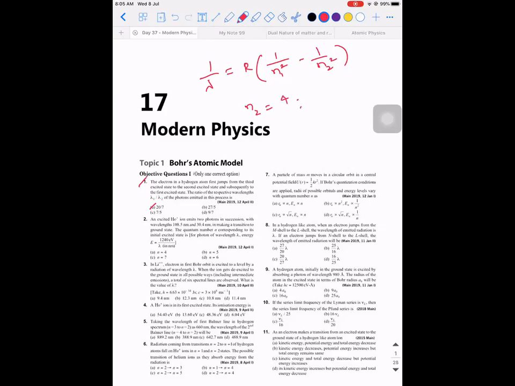Third excited state to the second excited state. Second excited state is? Third. And subsequently to the first excited state, that is 2. So calculate 1 by lambda 1 and 1 by lambda 2, take the ratio of both, that will give you the answer. Next.